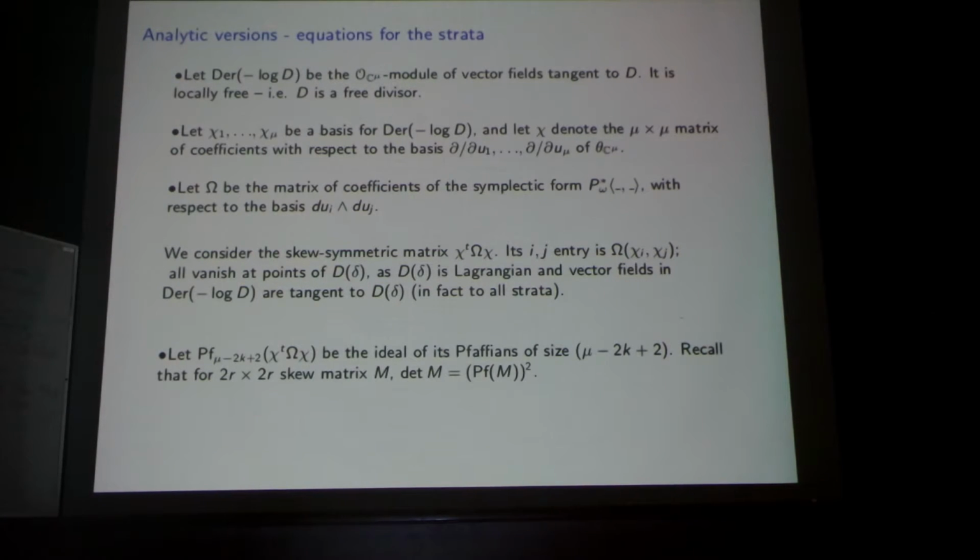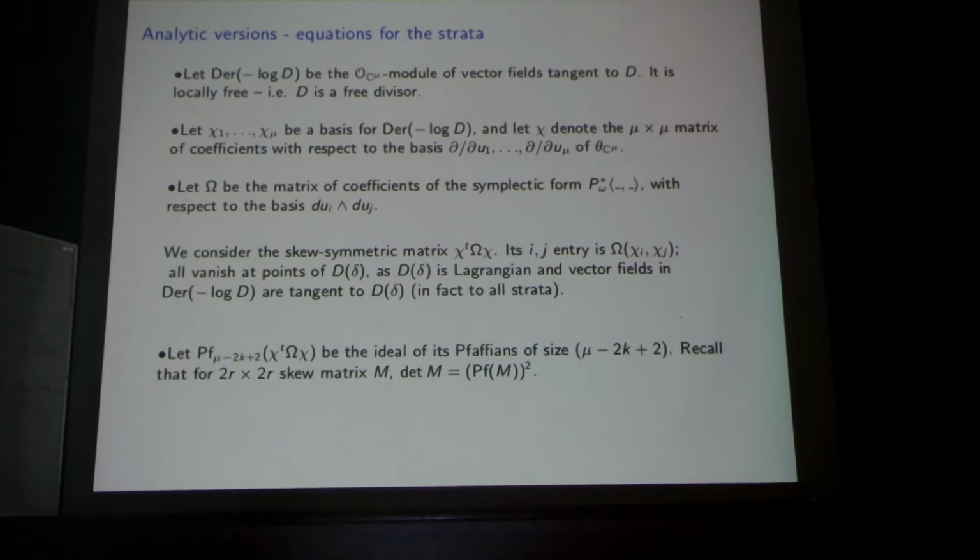In fact, if we take the Pfaffians of this skew-symmetric matrix, then we can form the ideal of Pfaffians of different sizes. The Pfaffian of a skew-symmetric matrix is something not everybody learns, so I'll explain it at the risk of offending those who do know.